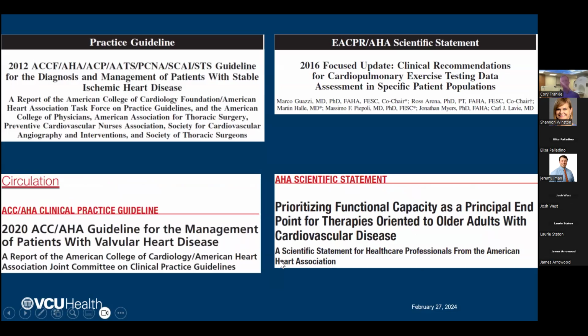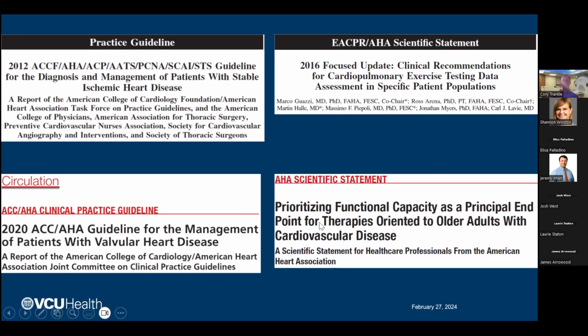And indeed, exercise-based testing forms a basis for a number of conditions in the guidelines, such as stable ischemic heart disease, valvular dysfunction, prioritizing it as an endpoint for older adults, understanding that functional status is very important for quality of life and prognosis.